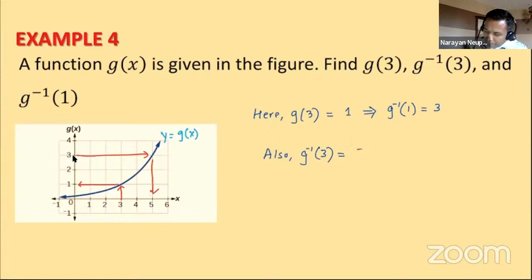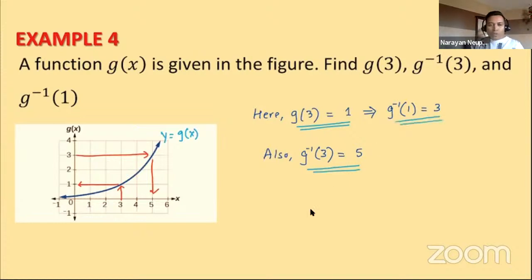So we got all those three answers. The first one, g of 3, equals 1. Next one, g inverse 3 is 5. And the next thing we want is g inverse 1, and g inverse 1 is 3, which is here.